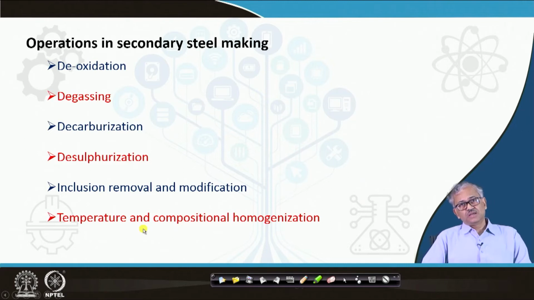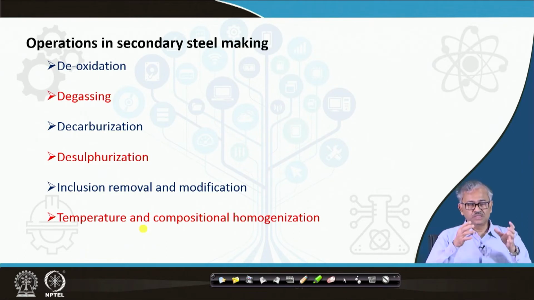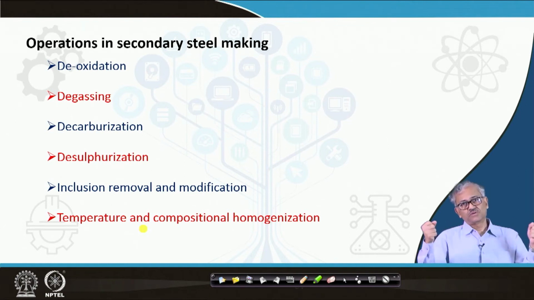Basically, continuous casting cannot tolerate a different exit temperature of the liquid. When you are pouring the liquid steel into the caster, that is into the mold, the liquid temperature should be uniform, because based on a particular temperature, your heat extraction amount and everything is fixed.